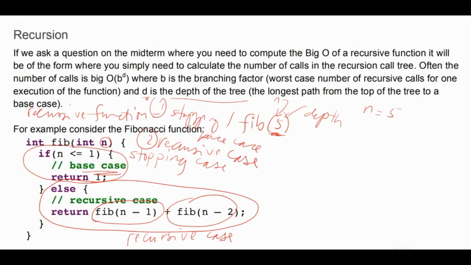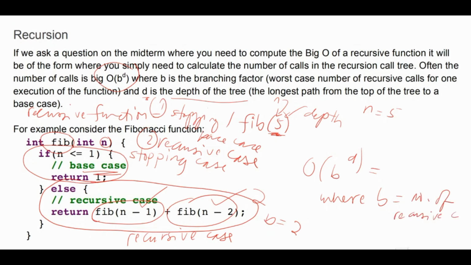So what makes this function a recursive function? Because of the recursive calls, which in this case there are two, right? And so b is equal to 2. O of b to the d. Okay, this is the big O of recursive codes or recursive functions, where b is the number of recursive calls.